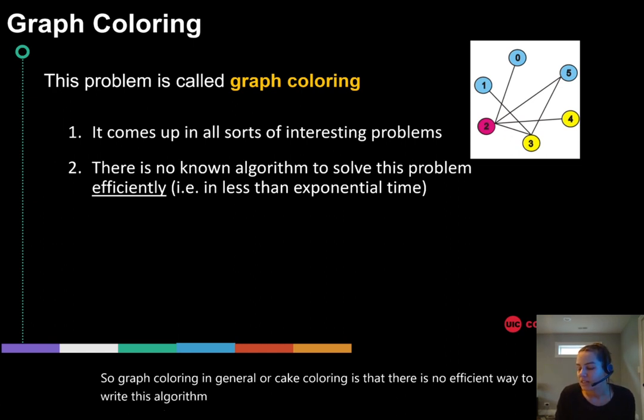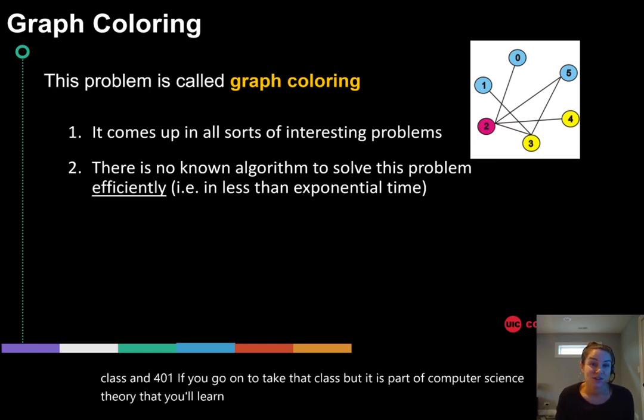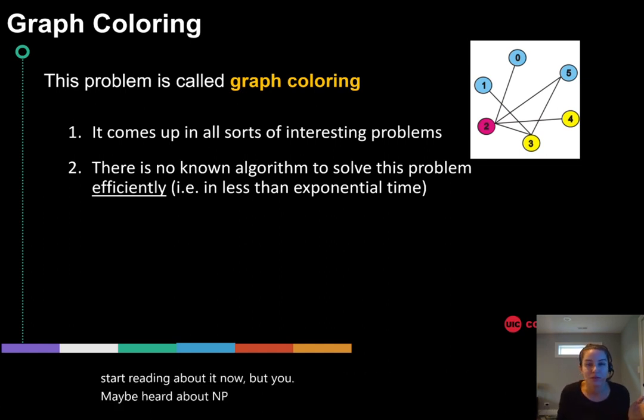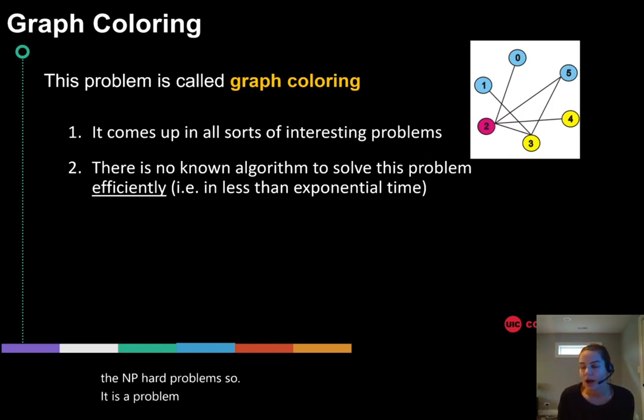So it's something that you'll cover, I think, in your algorithms class in 401 if you go on to take that class. But it is part of computer science theory that you'll learn about, and if you're really interested you can start reading about it now. But you've maybe heard about NP-hard problems, NP-complete problems, but this is one of the NP-hard problems. It is a problem that we don't know how to efficiently solve.